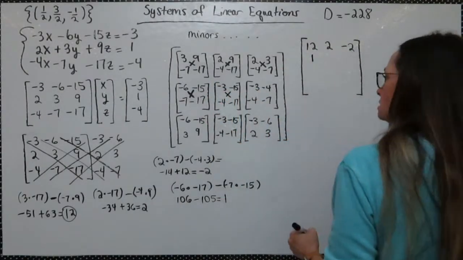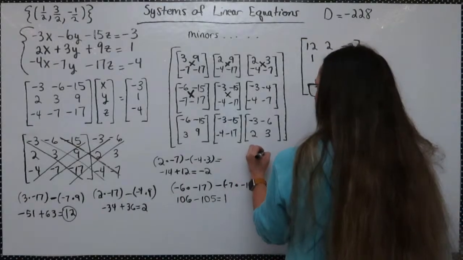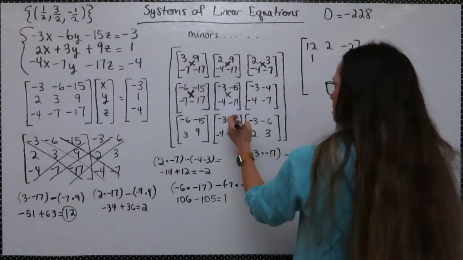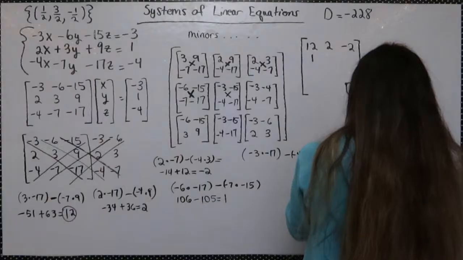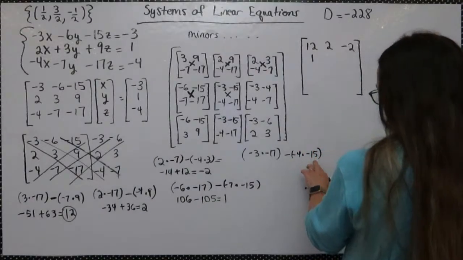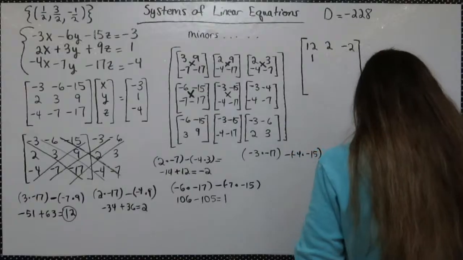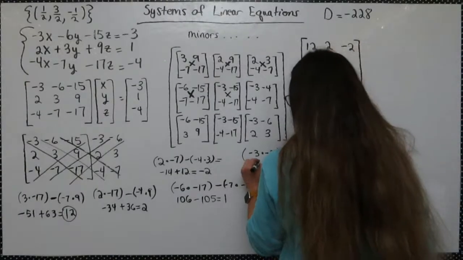So we've got -3 times -17 minus -4 times -15. Right, and I know that's 60. 15 times 4, 60. All right, 17 times 3 again. It's 51.